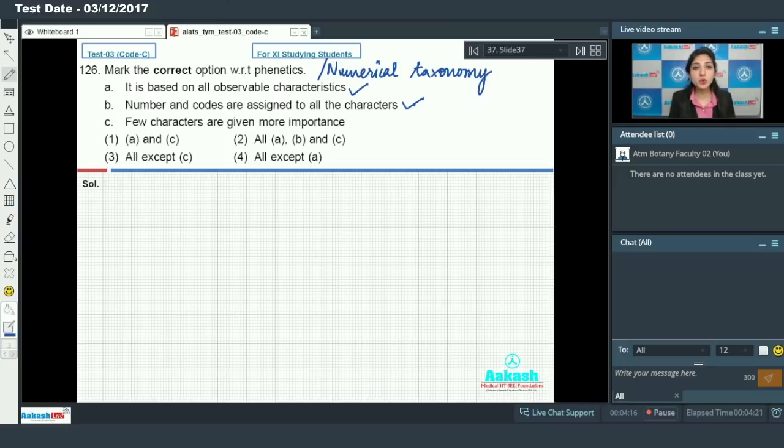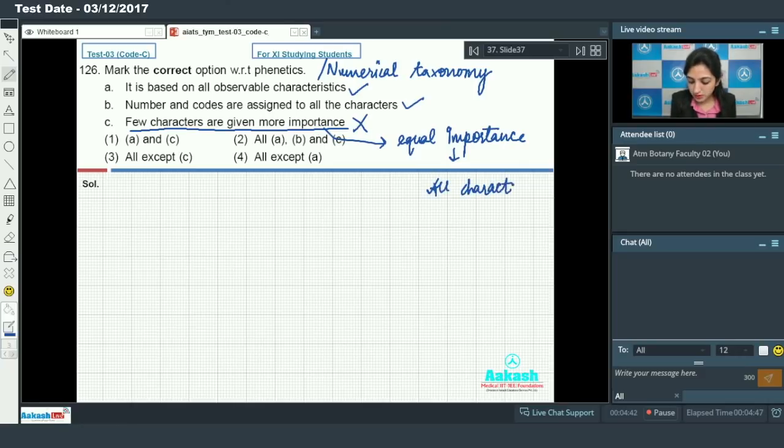They are compared with the computer and they are given equal importance. So this is incorrect, that few characters are given more importance. No, all the characters are compared by the computer and given equal importance. Equal importance is given to all the characters considered.